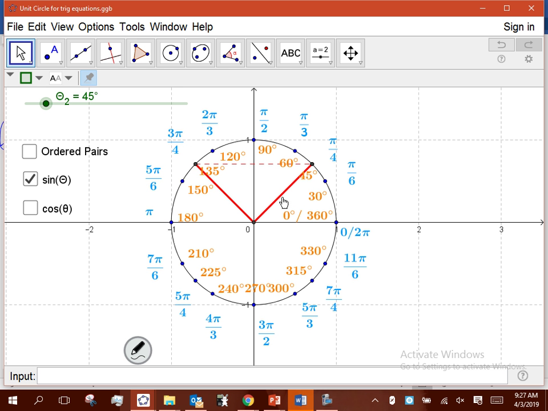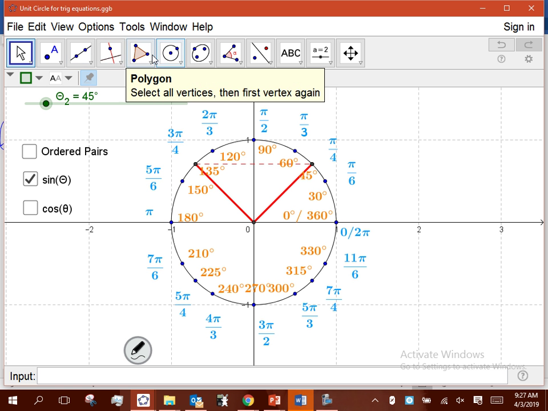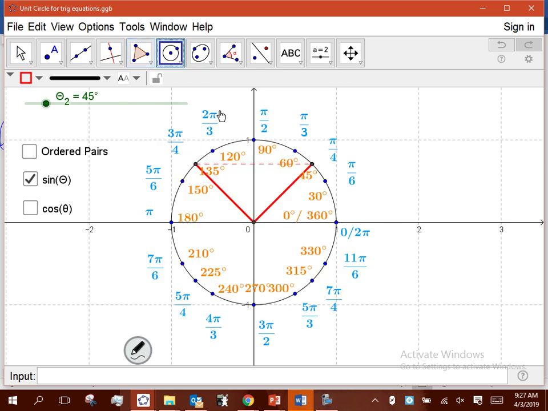So this applet here shows us that additional solution that we need that our calculator doesn't provide us, right? Okay? Because our calculator is just going to give us, for the sine, just the stuff in that interval there.